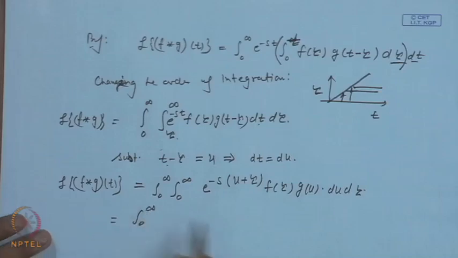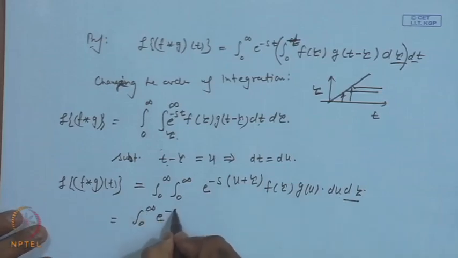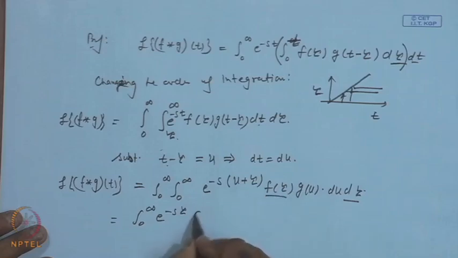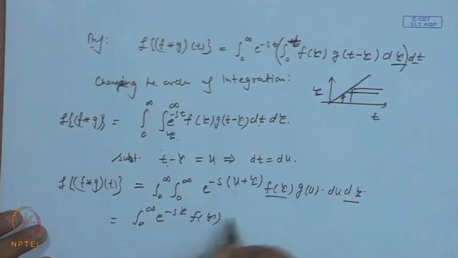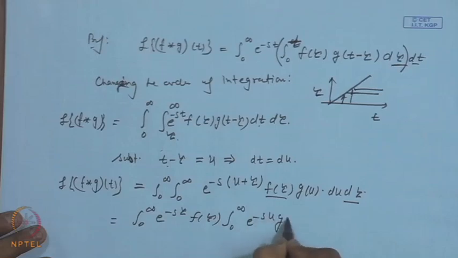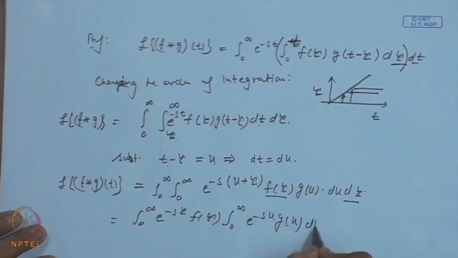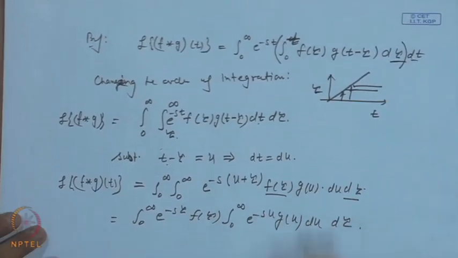Now, we have 0 to infinity. For the tau, we have e to the minus s tau and this f(tau), and the inner integral from 0 to infinity of e to the minus s u g(u) du, and then we have d tau.